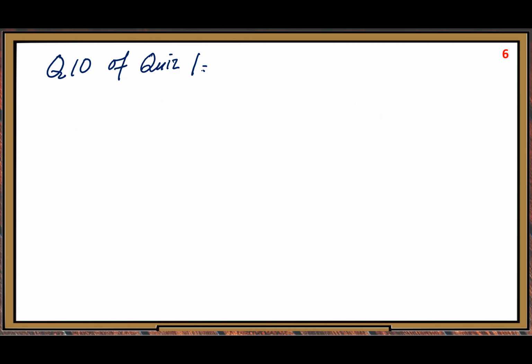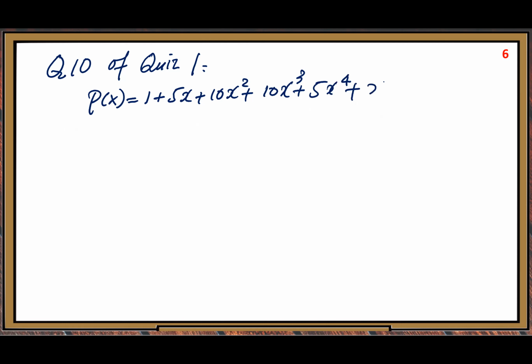So P of x, the polynomial, is 1 plus 5x plus 10x squared plus 10x cubed plus 5x to the 4th plus x to the 5th, right?